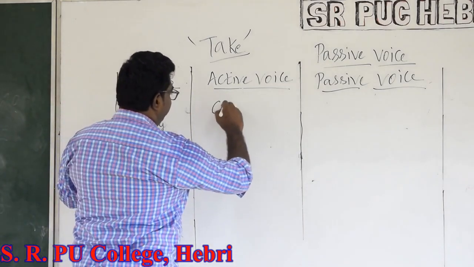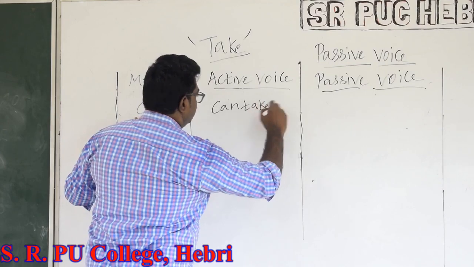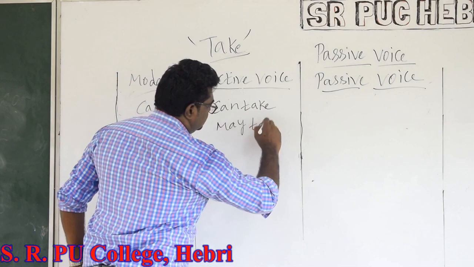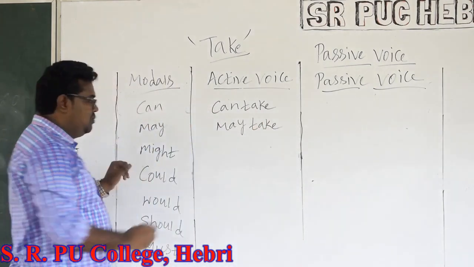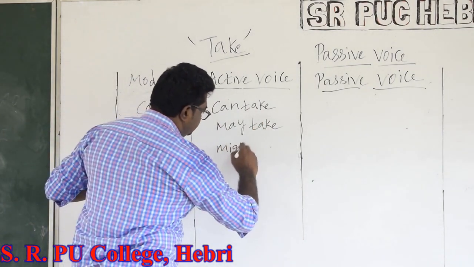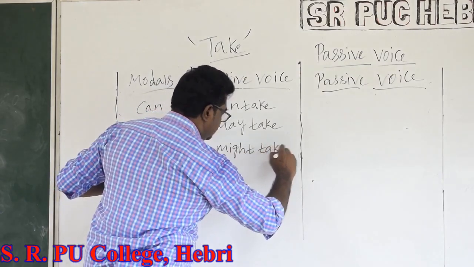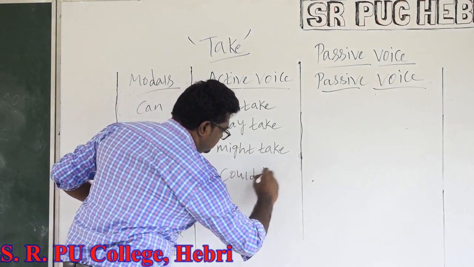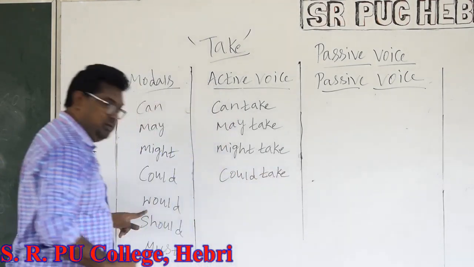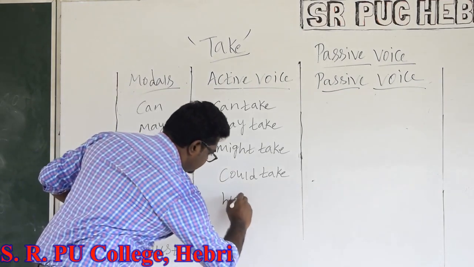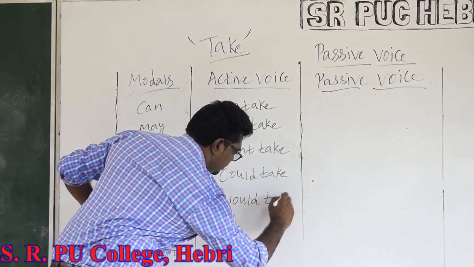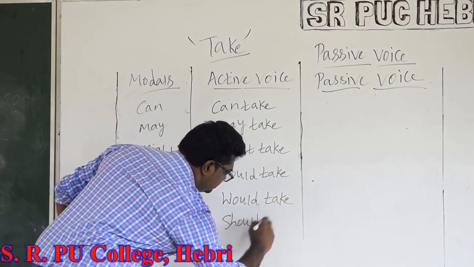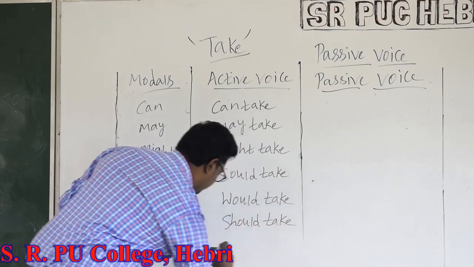Can will become can take, may will become may take, might will become might take, could will become could take, would will become would take. Similarly, should will become should take, and must will become must take.